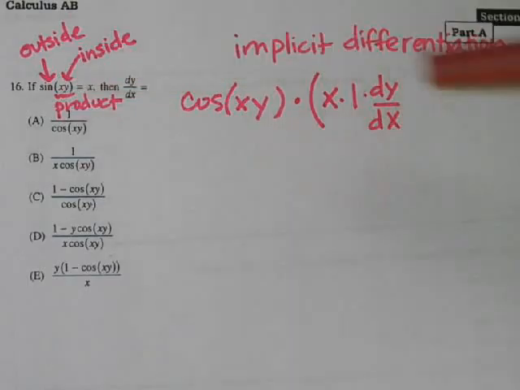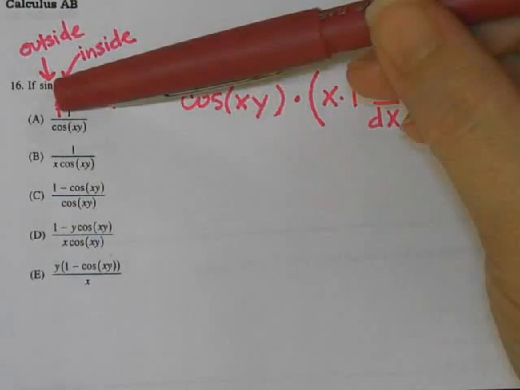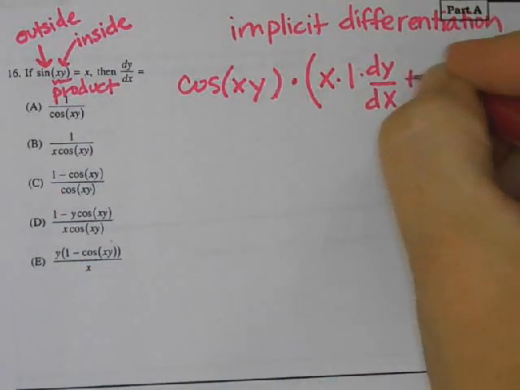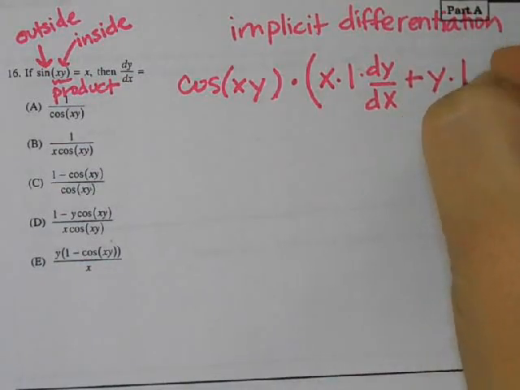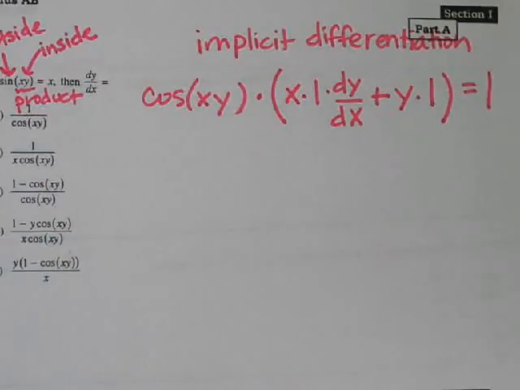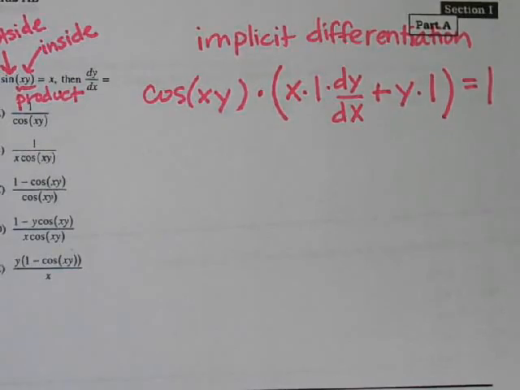Alright, so the tricky part now is to get the dy dx by itself. Right, that's what we have to do next. So I'm going to distribute the cosine xy to both terms in the parentheses. Remember, terms are separated by a plus sign. So in the parentheses here where we did the product rule, we have two terms. The first d last term, and then the last d first term.